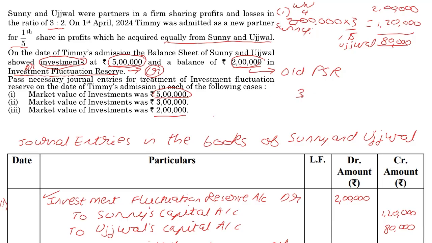We have to credit investments for 3. But how much do we have in IFR? We only have 2 to debit. Therefore, the remaining 3 minus 2, 1 will come from the reval account. Okay, and we are debiting the reval account, debit all expenses and losses.